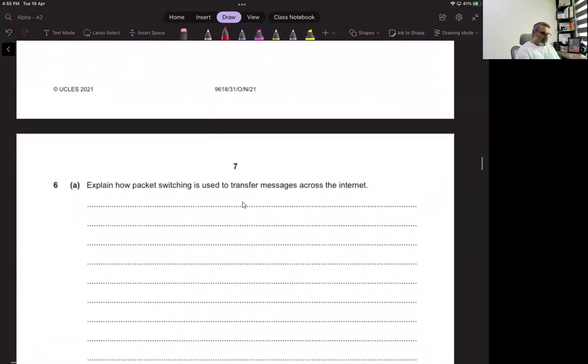Explain how packet switching is used to transfer messages across the internet. So we have to describe that we have some data that our computer divides into packets, and those packets then get stamped with the origination IP and destination IP along with the payload, which is basically the data for that chunk. They are sequenced and then sent out.